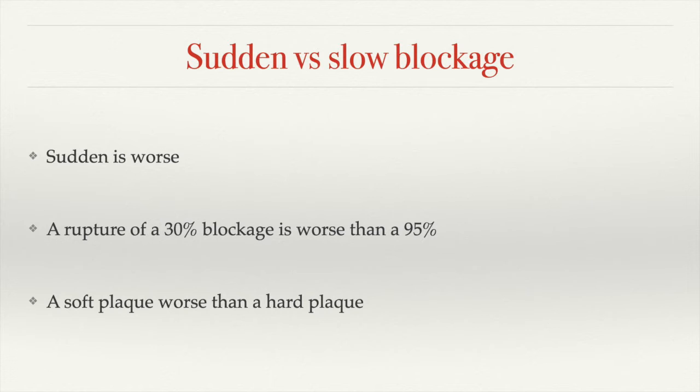Which is worse, a sudden or a slow blockage of an artery? A sudden one is worse. It causes a rupture. In fact, a rupture of a 30% blockage is worse than a 95% blockage, because a blockage that is blocking 95% only has 5% of the blood flowing through, and there's probably some collateral circulation helping supply the muscle with blood.